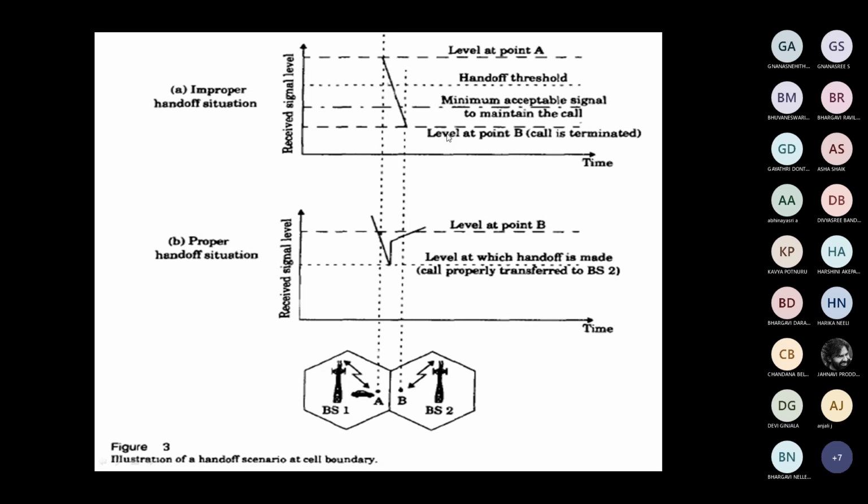Here I am taking the level at point A, the threshold value minimum acceptable to maintain a call, and the level at point B. Now I am explaining this concept. Just see this.